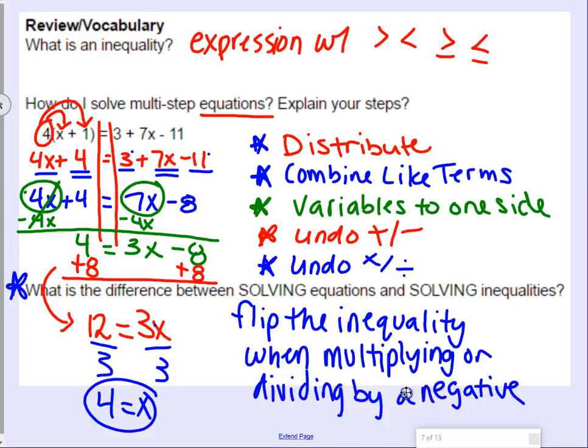So if we multiply both sides by a negative number or divide both sides by a negative number, we have to flip the inequality symbol.